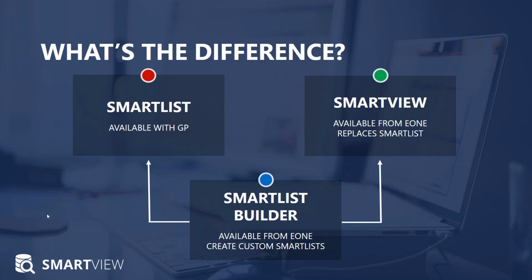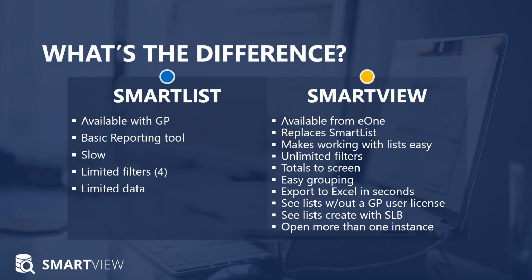Now, when we talk about some of the differences between SmartList and SmartView: SmartList is free. It's just your basic reporting tool. We all know what we get when it's free, right? I mean, it's slow. For some of you, maybe it does the job, but in terms of speed, there was a customer using SmartList who was so frustrated.